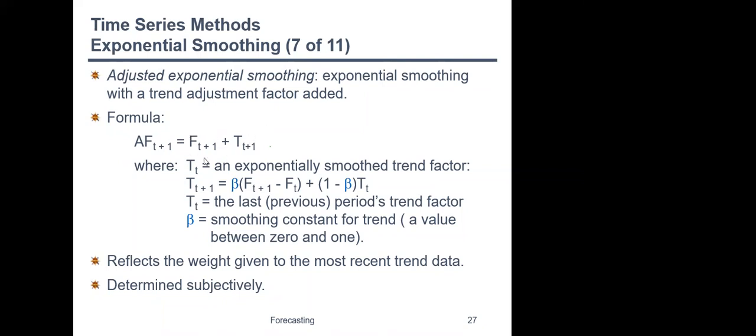Already we've calculated the forecast for the period. It's just the trend we don't know. So we are trying to calculate the trend factor. First of all, we need to know the trend factor, and then we can substitute it to get our adjusted forecast. So please put down this formula, and then the formula for the trend as well.